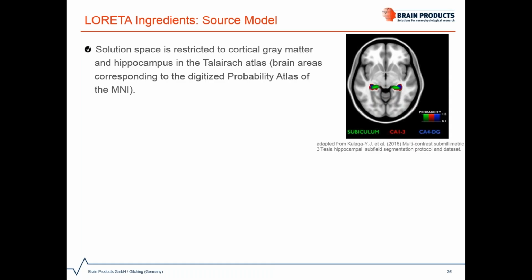These regions are determined by the corresponding digitized probability atlas of the MNI. So the model takes into account those sources that are confined in this predefined source space. By now, you might have already recalled what this constraint implies. It is the anatomical constraint.